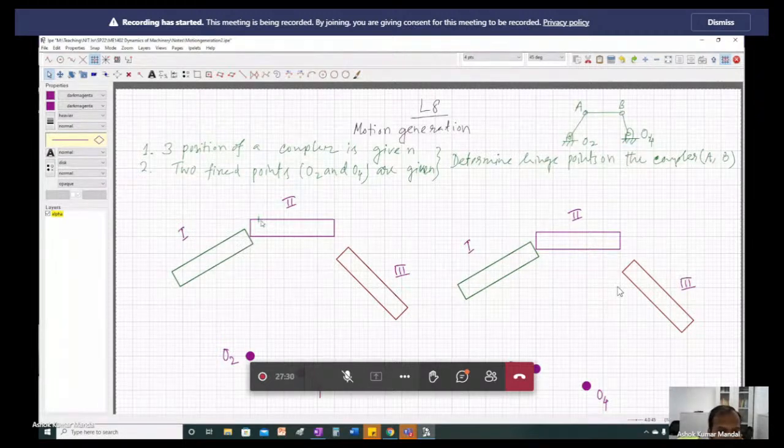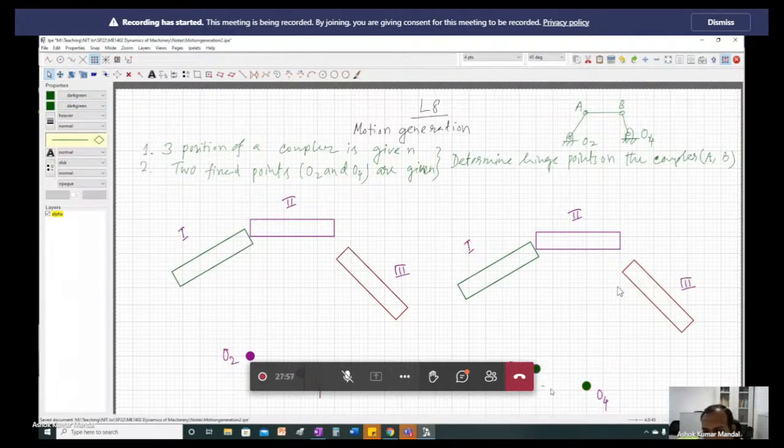First thing what we will do, we will now copy this position 2 coupler and these 2 points O2, O4. Before we do that, let me change color, just to see that this is position 1.